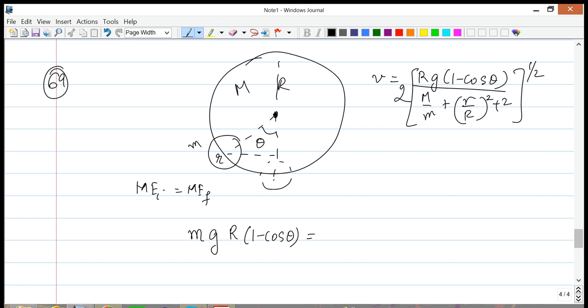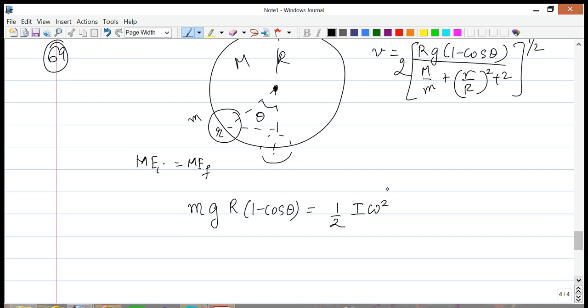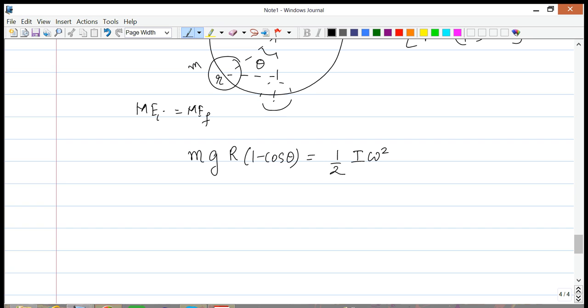So that's easy. On the other hand, at the bottom, the only kind of energy we have is the energy due to rotational motion, one half I omega square. Now the problem is very simple. Let's figure out the moment of inertia first for the entire system. We have the moment of inertia for the large disk, which is one half M R square, plus the moment of inertia for the smaller disk.